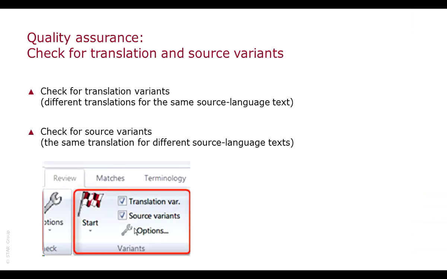And the other way around, you can check for source variants. That means you have the same translation for different source language text. Since this is a completely new part in Transit, I will show you how to make a translation variant report in Transit.